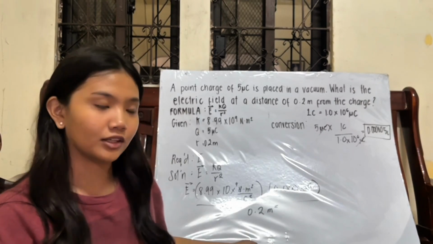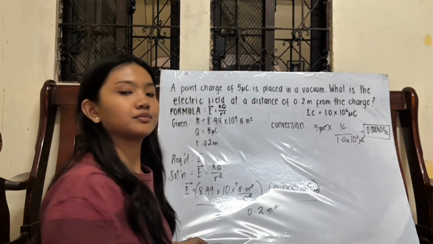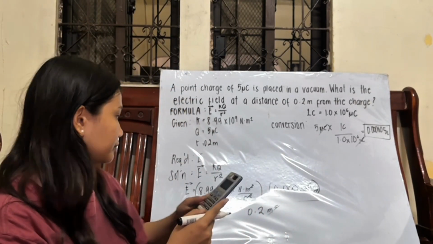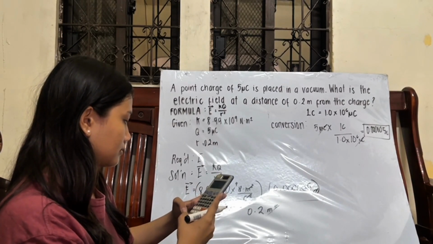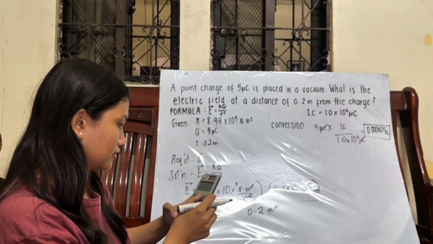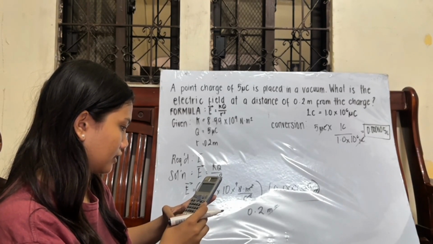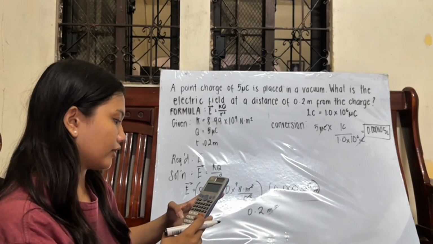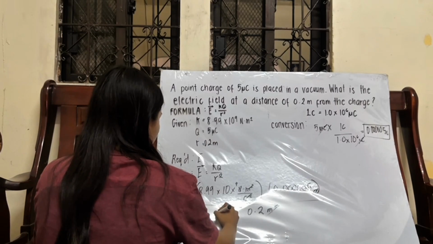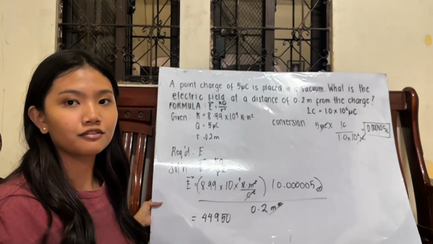Then, let us cancel the units. After cancelling the units, let's multiply the given numerator: 8.99 times 10 raised to 9 multiplied by 0.000005 equals 44950.